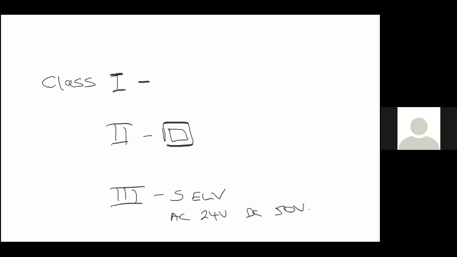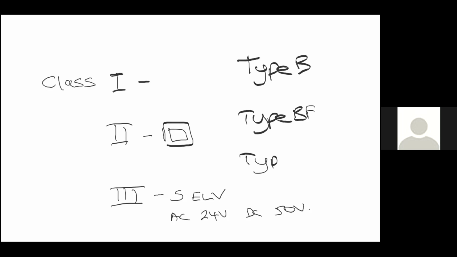Then the classification by minimum leakage current is the type classification, so type B, type BF, and type CF. That's not a person, that's a person in a box, and that's a heart in a box.